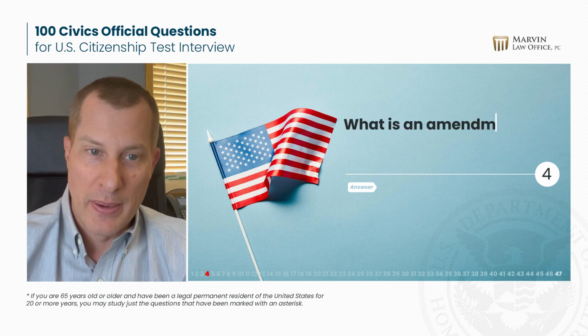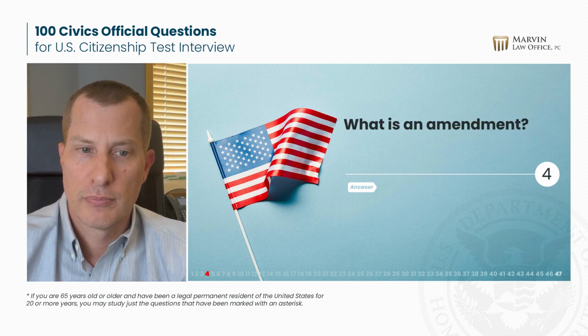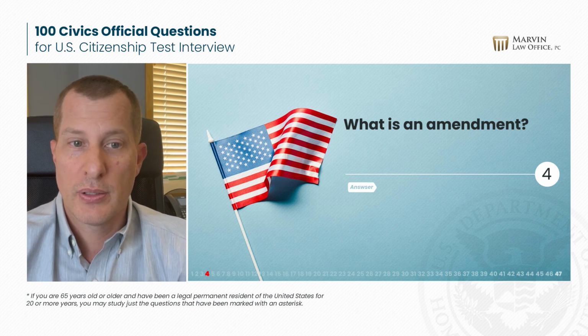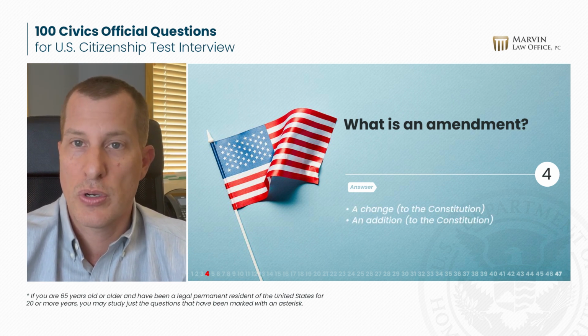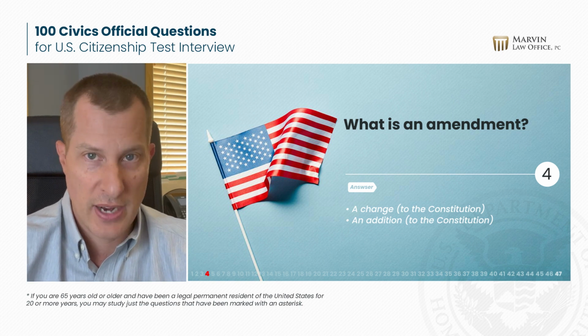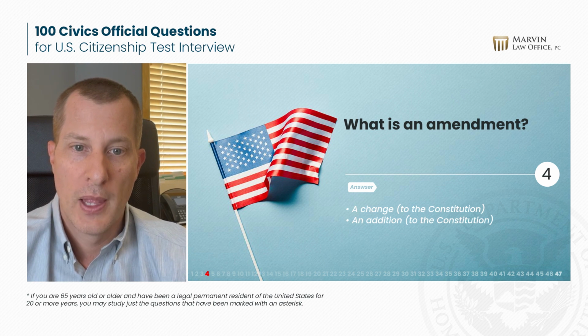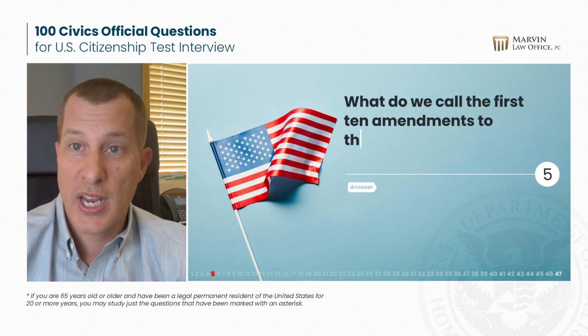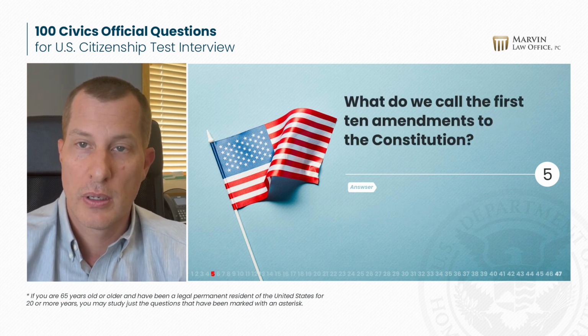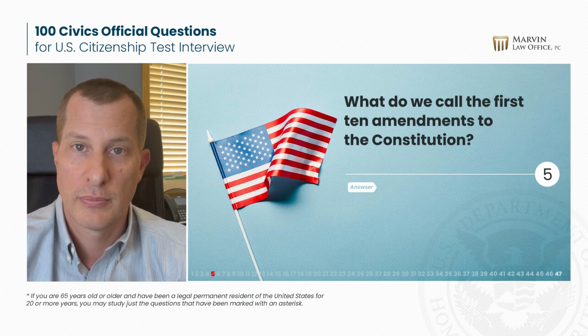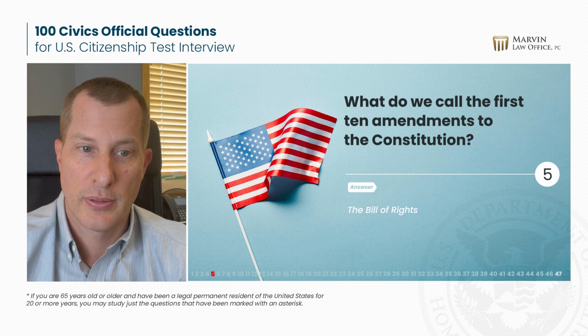What is an amendment? An amendment simply is a change to the Constitution or an addition to the Constitution. What do we call the first 10 changes or amendments to the Constitution? It's called the Bill of Rights.